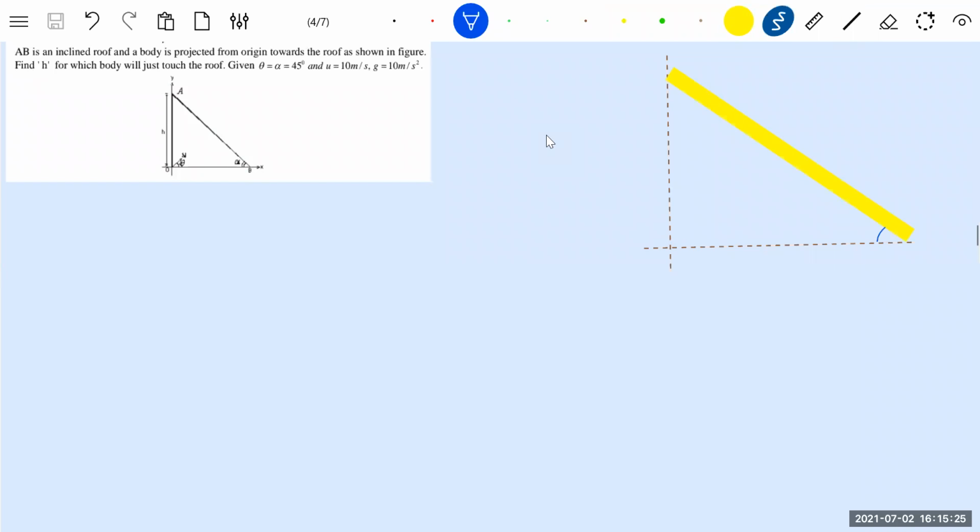It is making an angle alpha and we are projecting with a speed u at an angle theta, for which the ball will just touch the roof. What is the roof? There is a roof. We should touch it. What do you mean by touch? I think it should describe a trajectory.